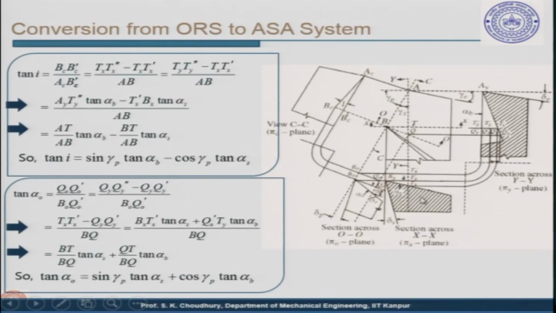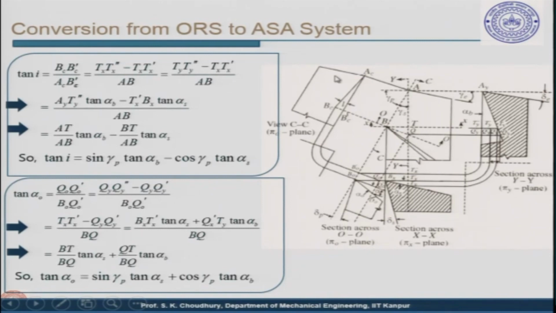Now, as you can see, in these 4 views that we have shown, or rather 5 views, this is one view in the base plane. We have combined the views of the orthogonal coordinate system, that is x and y, xx, yy, and the orthogonal rake system, that is CC, and here is the orthogonal, that is OO.